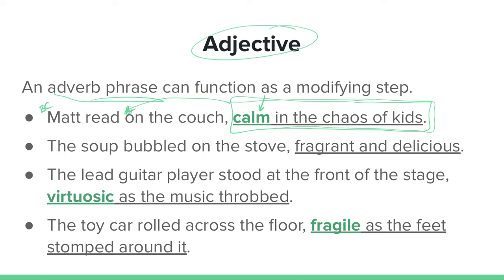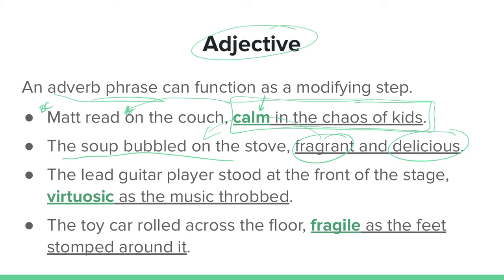So, the next one. The soup bubbled on the stove, fragrant and delicious. Fragrant and delicious, both adjectives. So here's your base clause, the soup bubbled on the stove, and then you use adjectives to add your adjectival step. The lead guitar player stood at the front of the stage, virtuosic as the music throbbed.